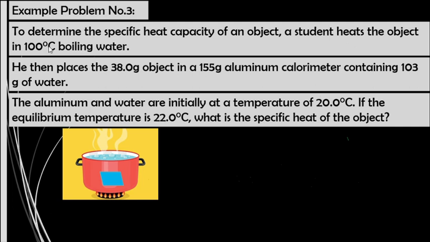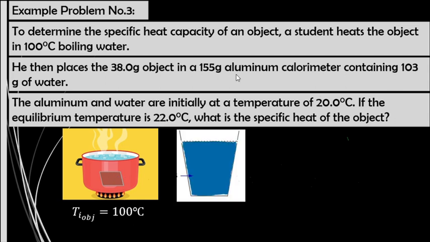Therefore, after some time, our object will reach thermal equilibrium with the boiling water, so our object will also have a temperature of 100 degrees Celsius. So the initial temperature of the object is 100 degrees Celsius. And this object was transferred to an aluminum calorimeter, and our aluminum calorimeter has water in it.